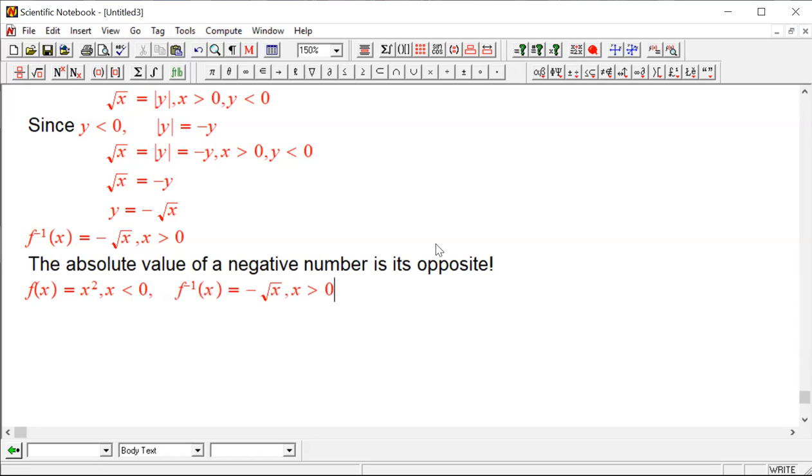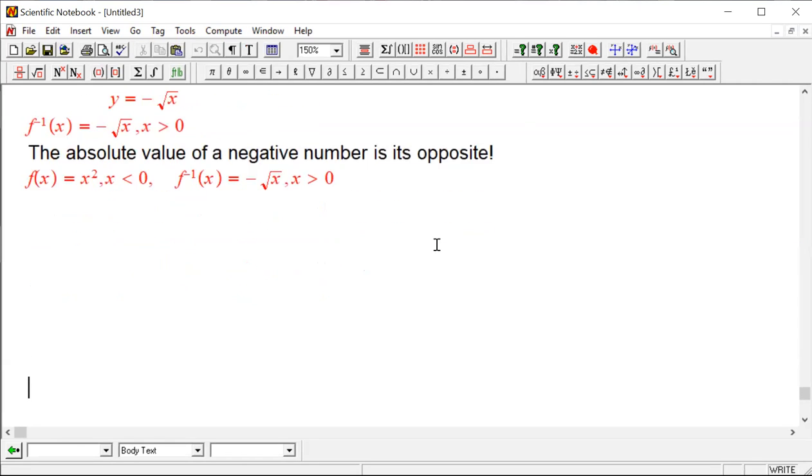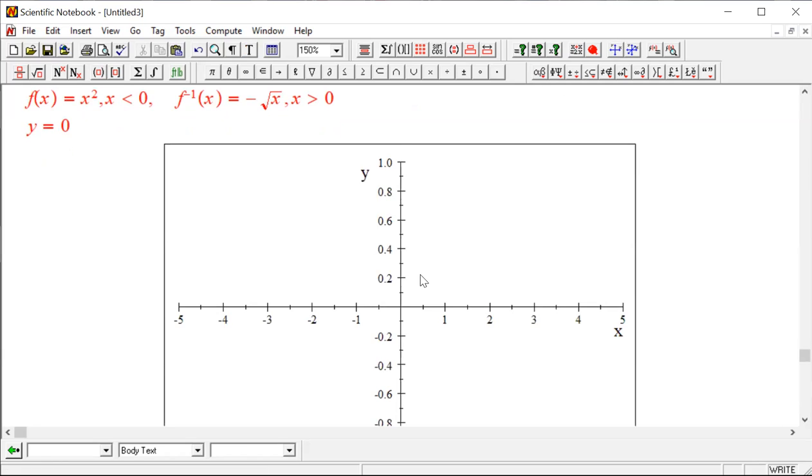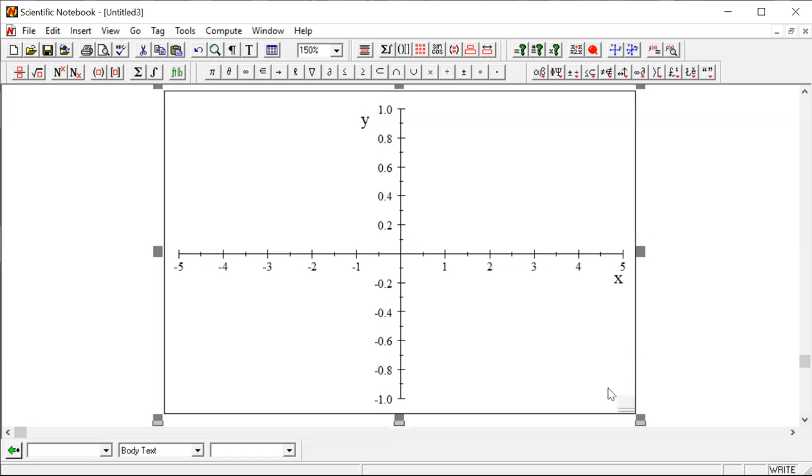Let's look from the graph. Right, we're gonna graph them in the same picture. Okay, so we're gonna graph these two pictures together.